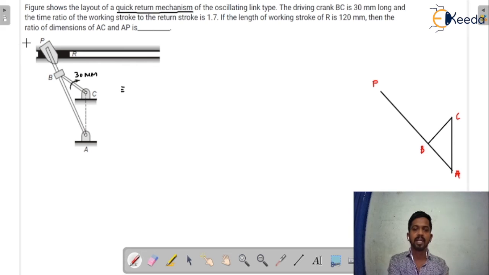At the dead position the slotted bar has zero velocity, which means that at that position the crank makes a 90-degree angle with the slotted bar. That is what I am going to show you, and that is why you have to use this diagram. Consider this diagram whenever in the question they ask you to find the length or dimensions of any link and the stroke.